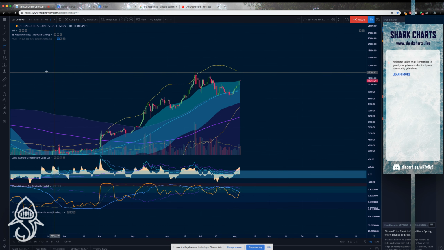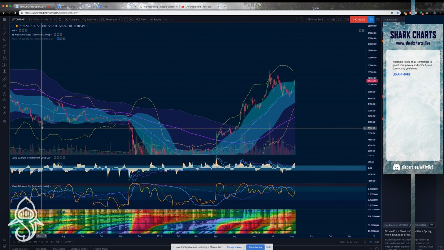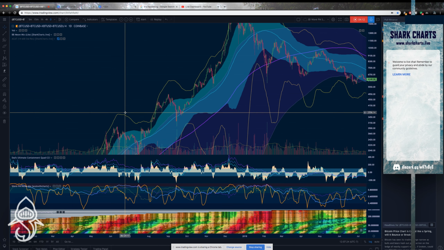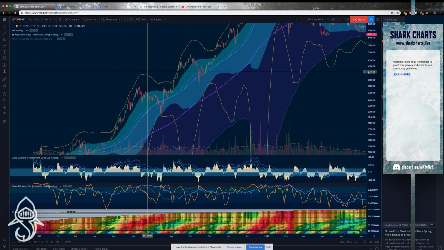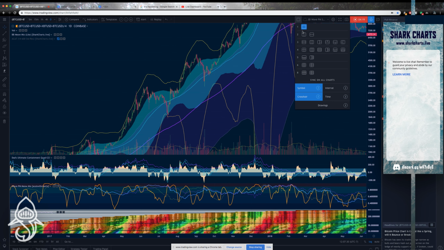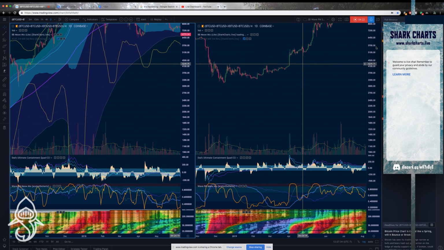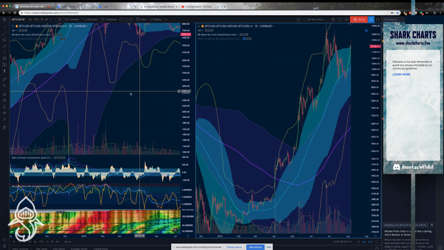But, you know, if we were to compare this to previous price action in markup periods, let's put these side by side, right? Because legs of the bull run, I'm interested to see how they'll behave.